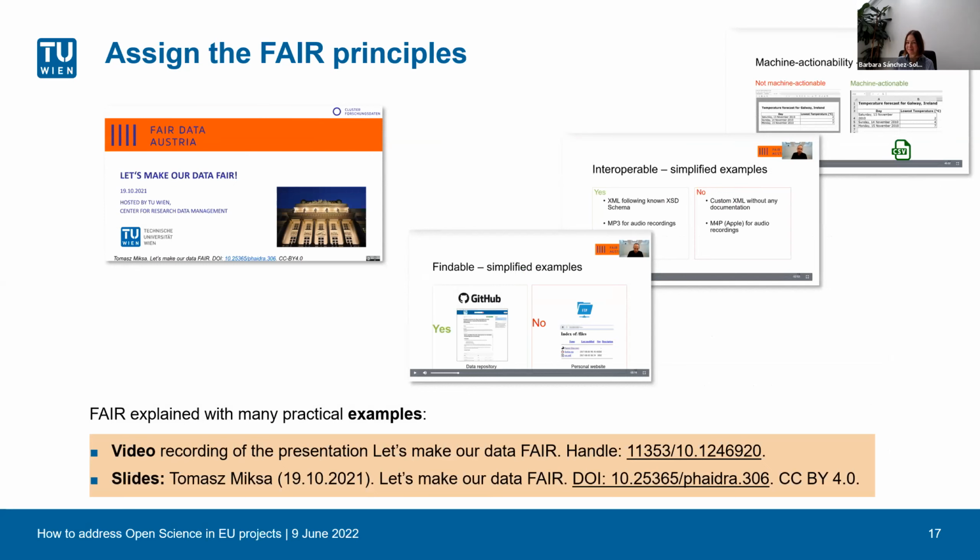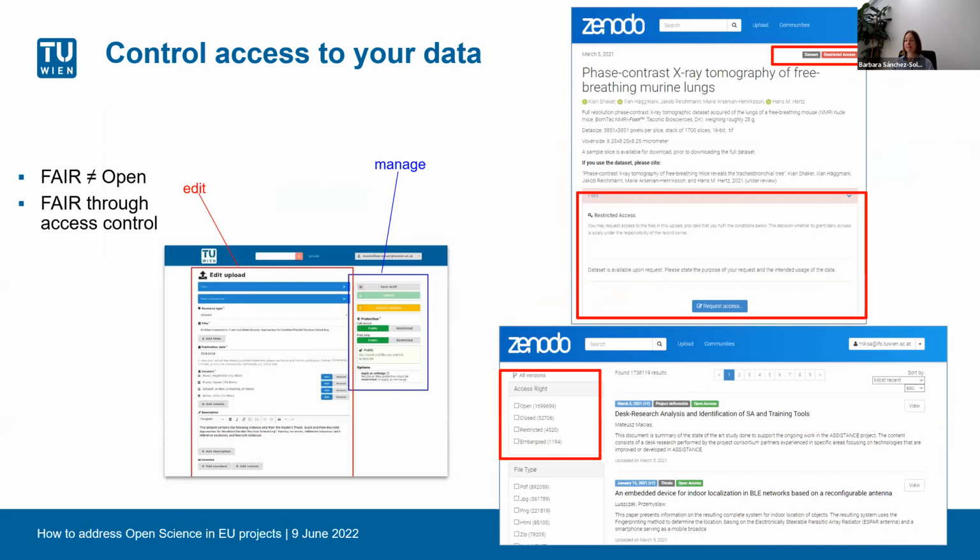I put you the link here. So this is an example of how you can provide the existence of your data or the context information, but not the data set itself. But people who are interested can get the data on request. So this would fulfill more or less this superficial level of FAIR.